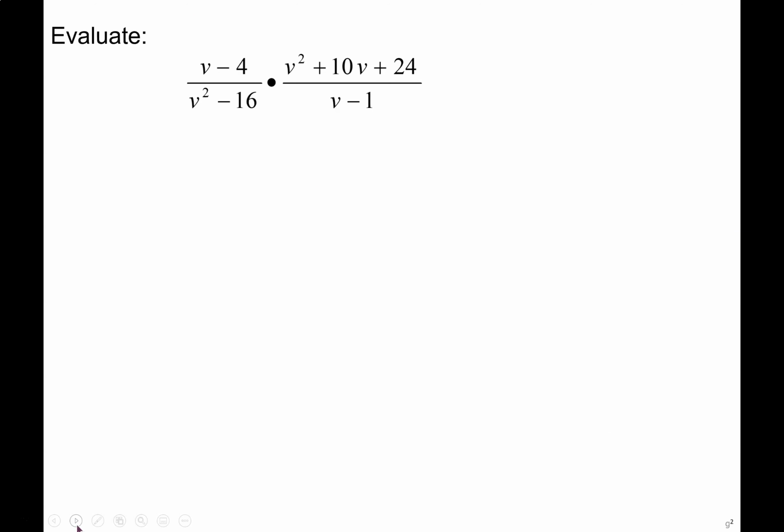All right, let's see if we can factor this again. On the bottom, we should see differences of 2 perfect squares. This is going to be v plus 4 times v minus 4. On top, remember A, B, C again. And we can do our magic X, A times C, bring down the B. So I should have a positive 10 there and a 24. Thinking of numbers that multiply to 24.